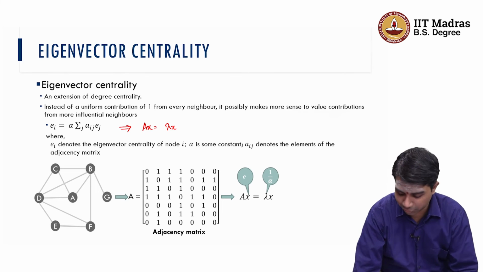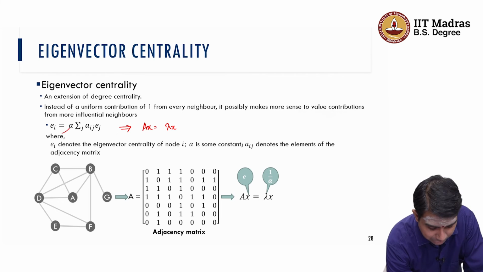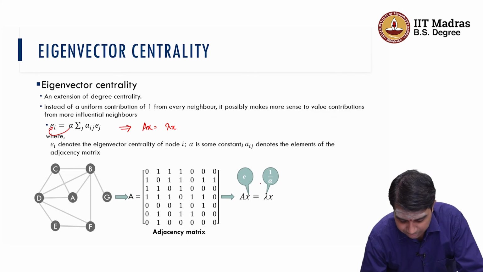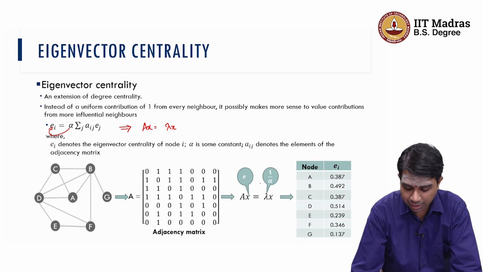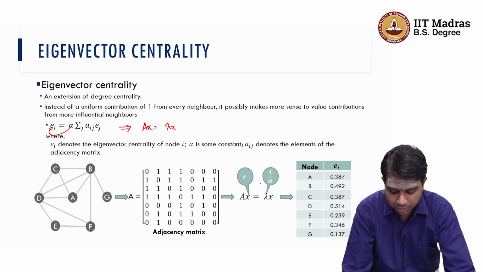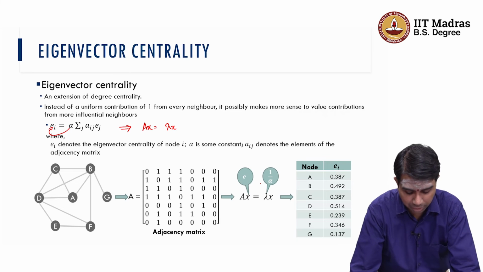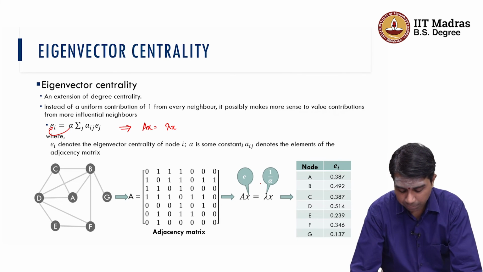So when you take this alpha from this side to this side, you basically get the equation Ax equals lambda x, and in this case the eigenvector centrality for each of the nodes comes out as this for the simple graph. Here lambda is basically an eigenvalue of this matrix.